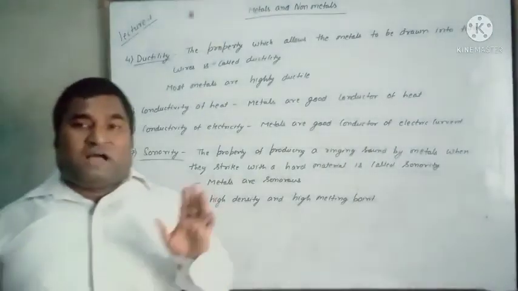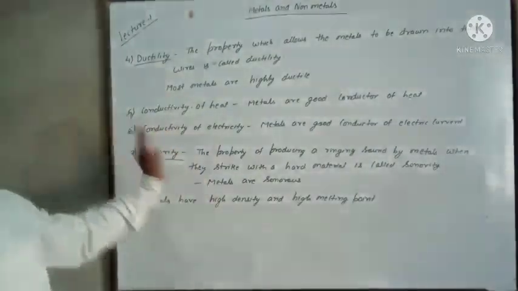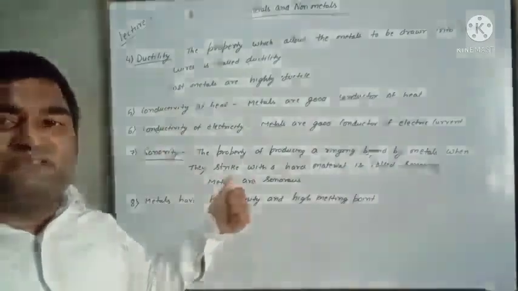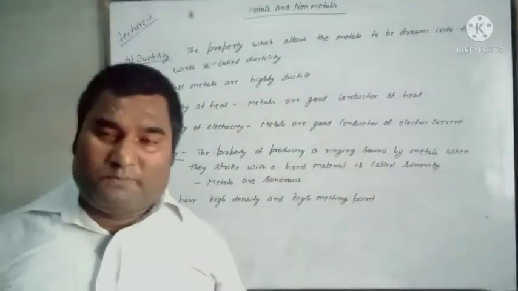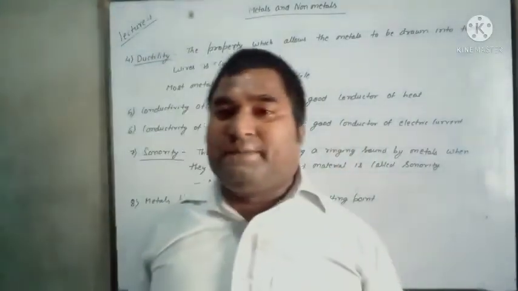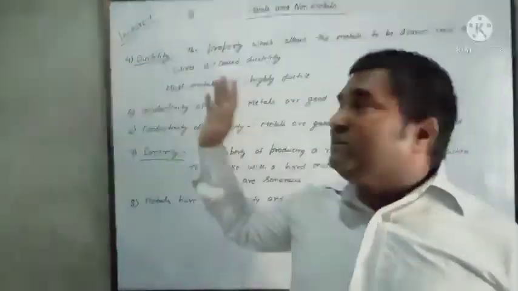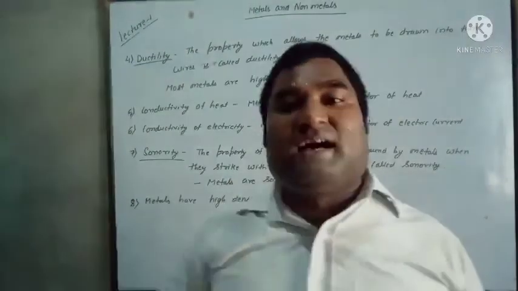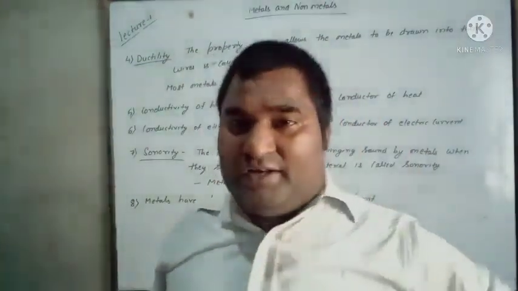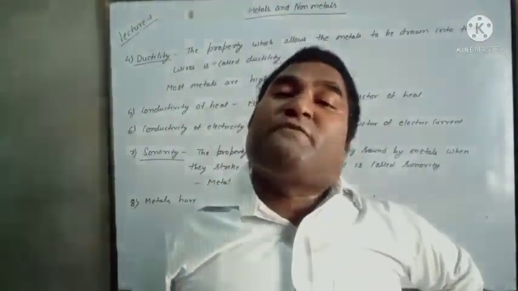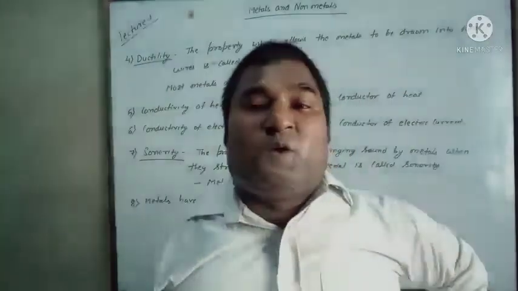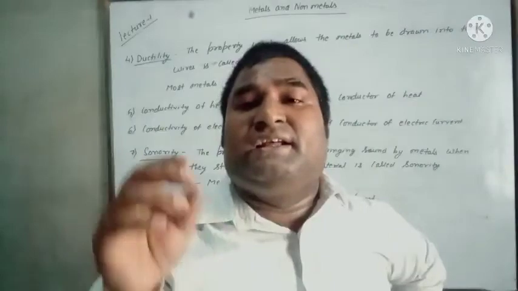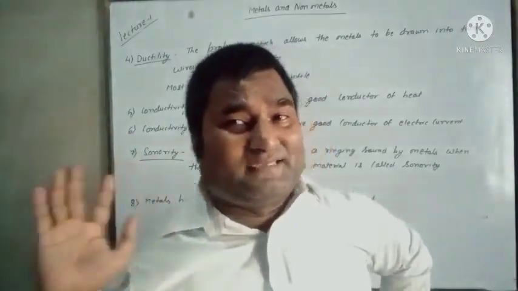So I have discussed 8 properties of the metals. Same these properties we will discuss with respect to non-metals. First I have told you that metals are generally hard solid, but in case of non-metals we will say non-metals are found in any state. It can be solid, it can be liquid, or it can be gaseous.